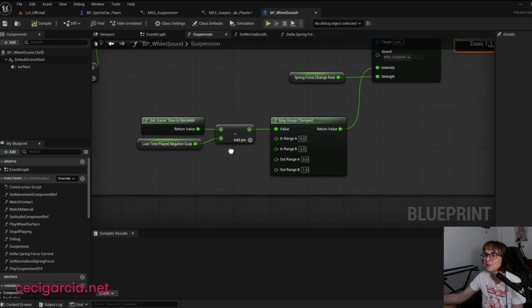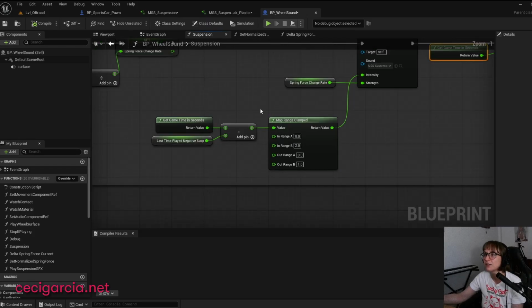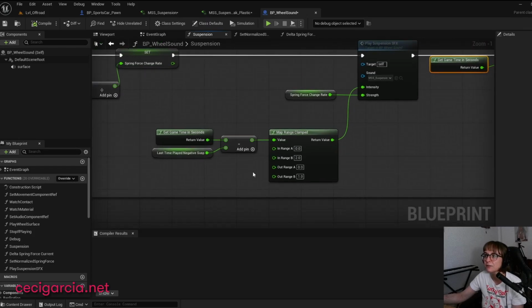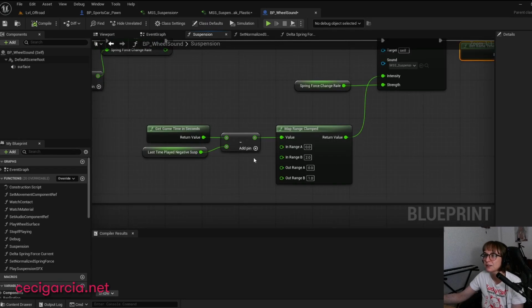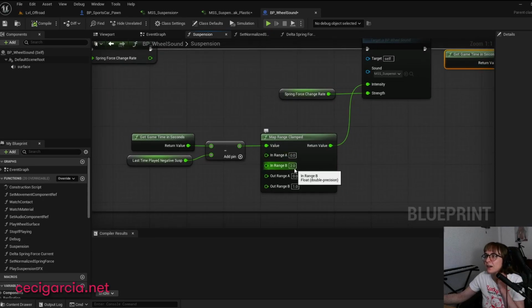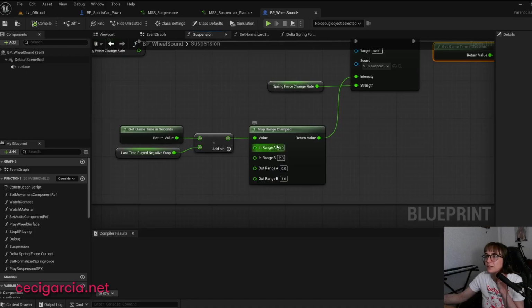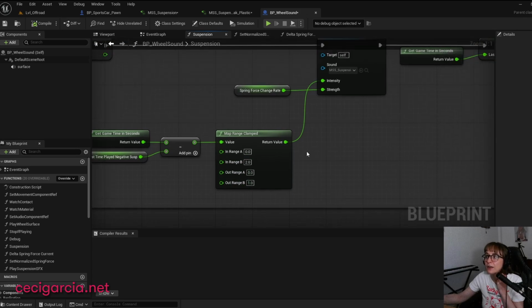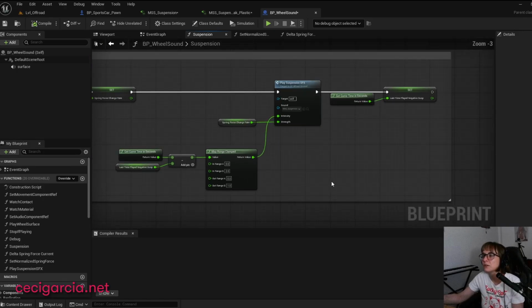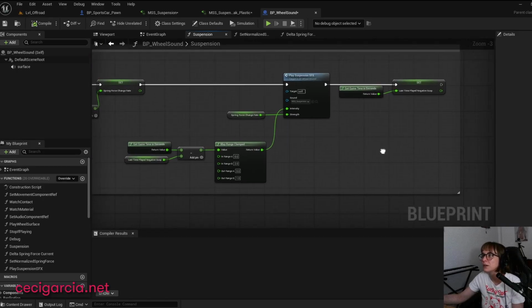So if it plays again, and it played very few moments ago, it will lower down the volume, right? If the difference between the current time and the last play sound is less than 2, it will give you for the level a value less than 1, so it will play lower.